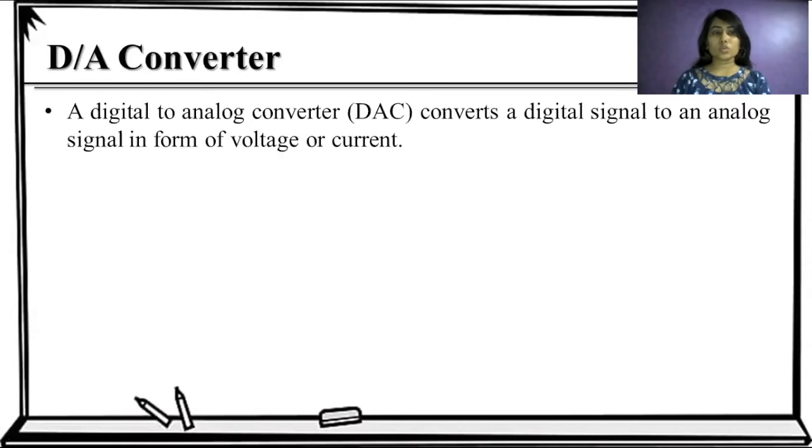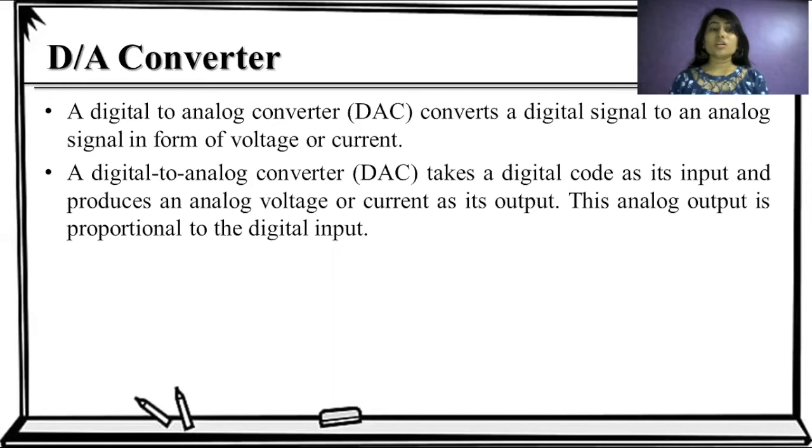D to A converter. As we discussed earlier, a digital to analog converter converts a digital signal to an analog signal in the form of voltage or current. A digital to analog converter takes a digital code as its input and produces an analog voltage or current as its output.